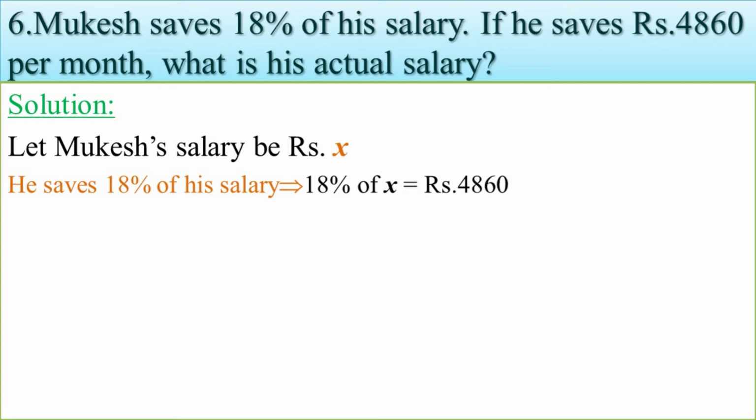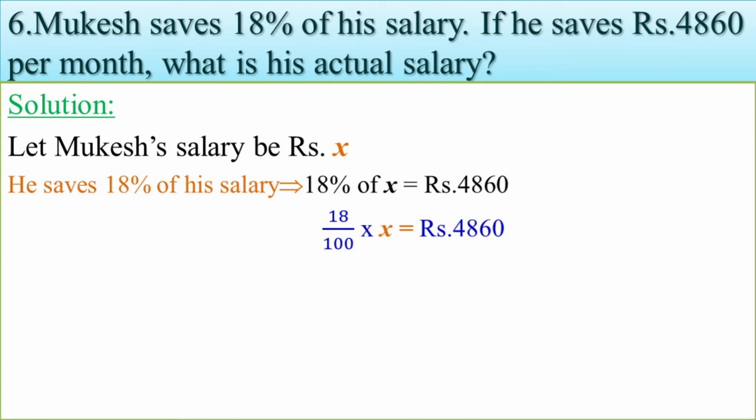Now we have to remove the percentage and write 18 by 100 in place of the percent symbol, and 18 by 100 into X is equal to rupees 4,860.